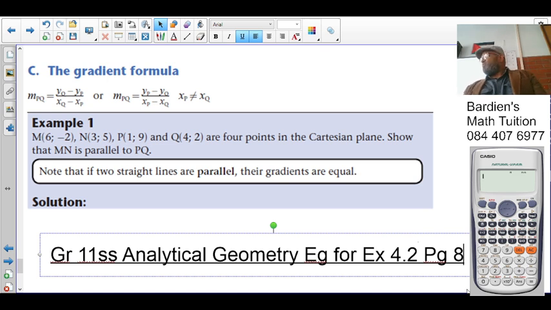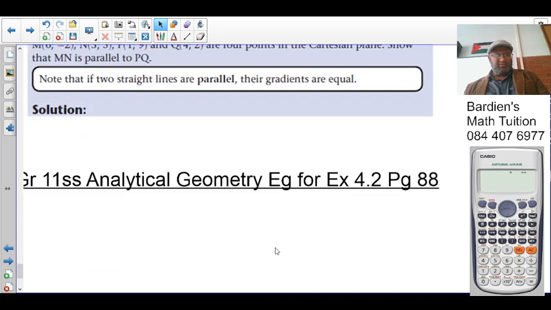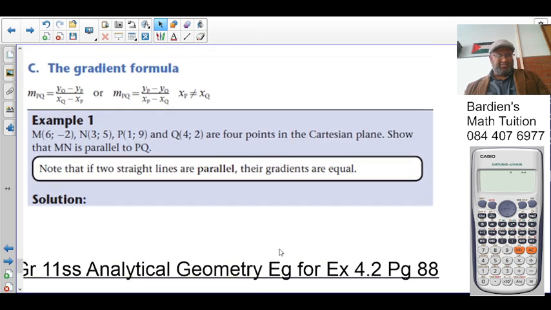The exercise 4.2 is on page 88. However, this example is on page 86.